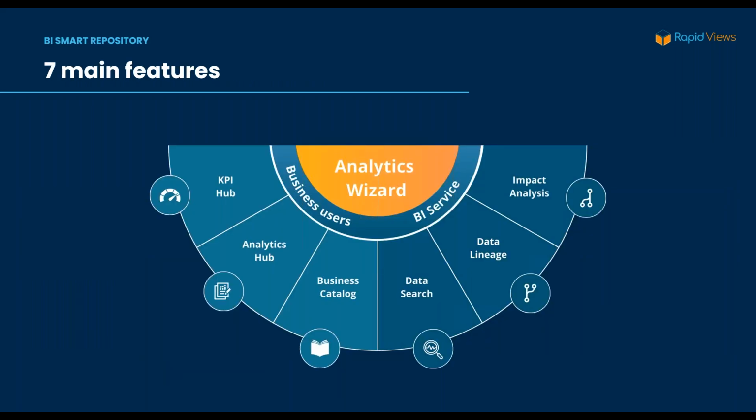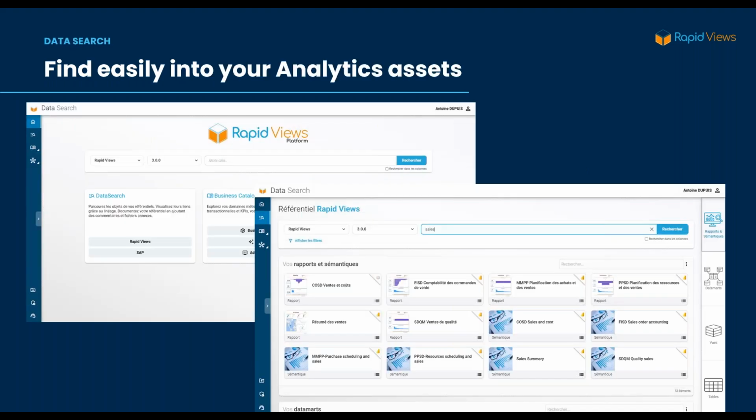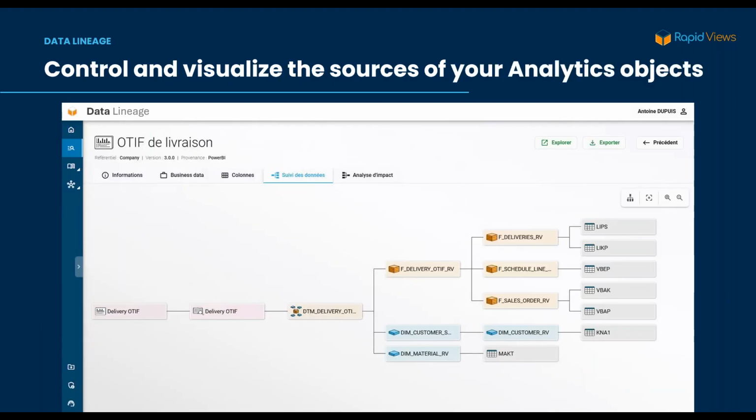So the main features are these, for different usages. For the BI manager, we have the capability of an advanced search where you will be able to navigate through all your tools to find any reports, any views, any semantic layer, any tables that you have in your system.